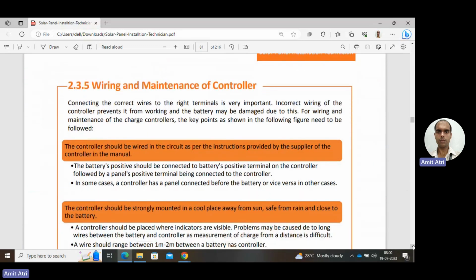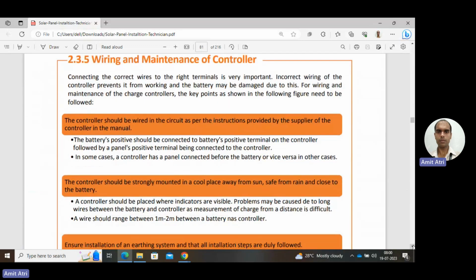The next topic is wiring and maintenance of a controller. Correct wiring is very important, because a combined controller performs both functions: controlling the charging as well as controlling the discharging to the load. If the wiring is not proper, the function will be affected, and it may even be damaged.